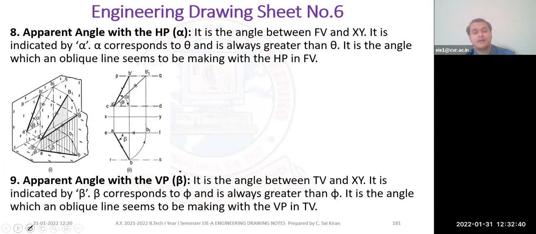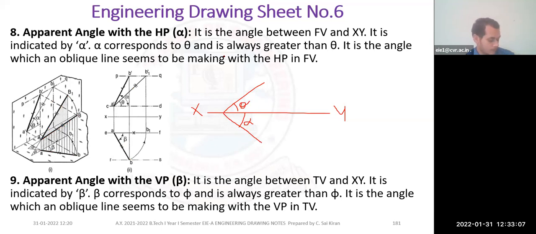And there is one more angle called beta. Look here. Whenever I draw my XY line, here I gave my angle theta. Here I gave my alpha. So theta and alpha are given. Because of this alpha, there's one more projection.